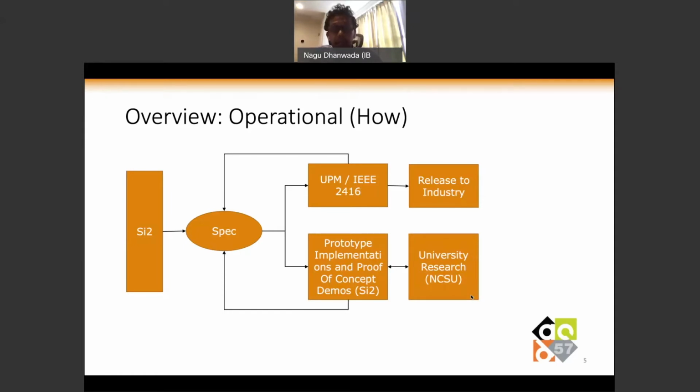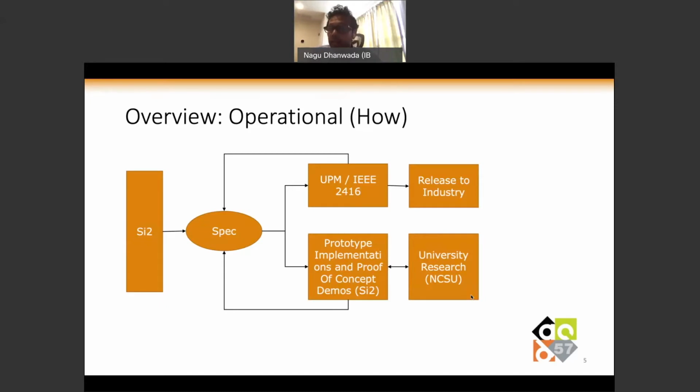This is done through various extensions to the standard itself, defining linkages to other standards, and coming up with a formal specification. And this specification is contributed through IEEE 2416. And within the IEEE 2416 working groups, we take contributions from entities like SI2 and other member companies, and finally, release that to the industry.